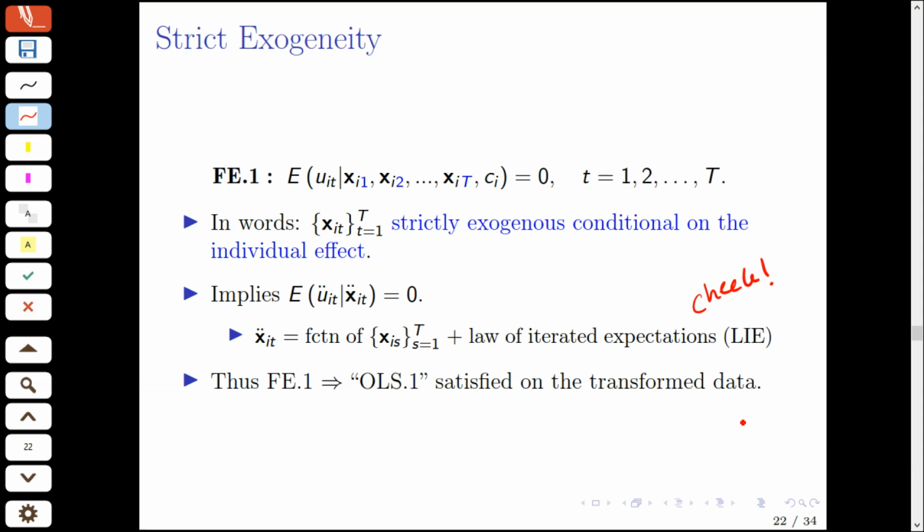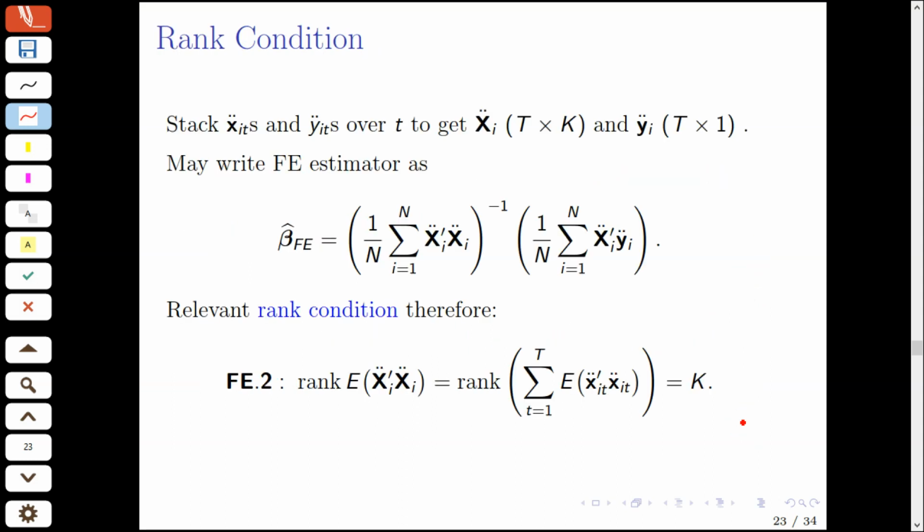Having our orthogonality condition satisfied, we also need to discuss a suitable rank condition. So let's stack the within transformed regressors and outcomes into individual specific matrices and vectors. Here this boldface xi with double dots arises from stacking the xits over t to get a T by k matrix. And this boldface yi with double dots arises from stacking the within transformed yits over t for a given individual, thus yielding a T by 1 vector.